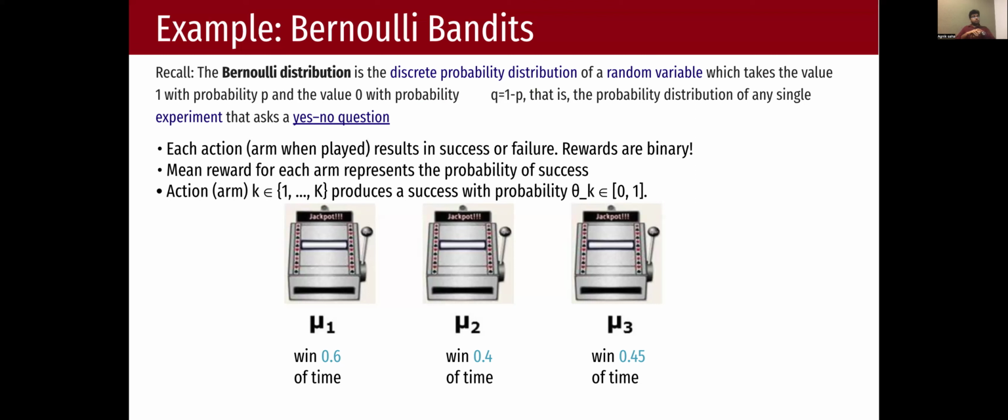So in the case of Bernoulli bandits, the objective is to maximize the cumulative rewards over a series of arm pulls. This involves identifying the arms with the highest probability of success and pulling them most frequently. So now I think you got what the objective of Bernoulli bandits is.